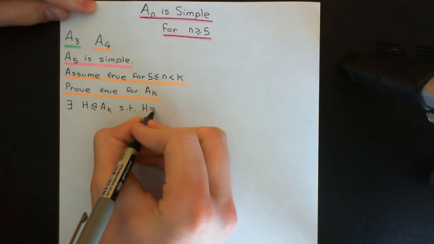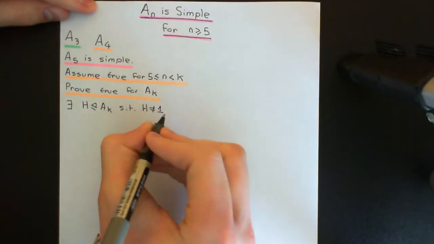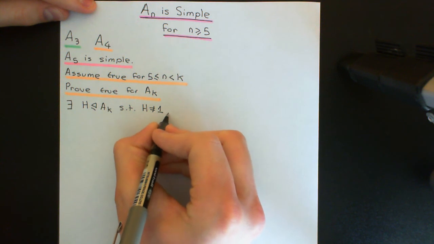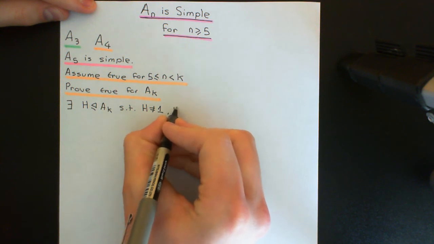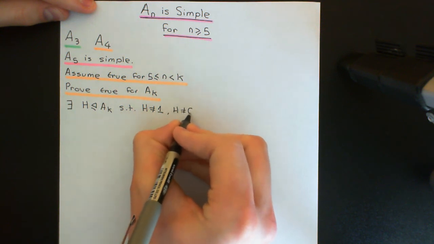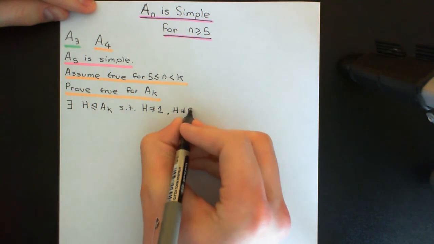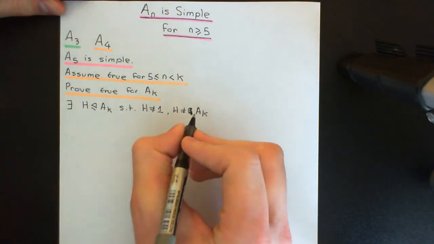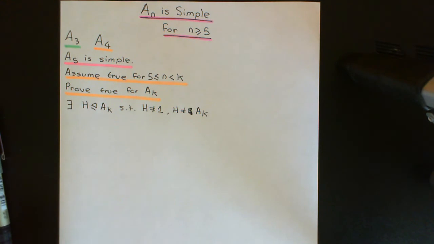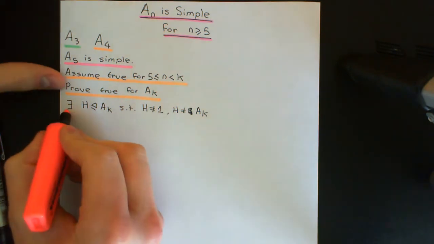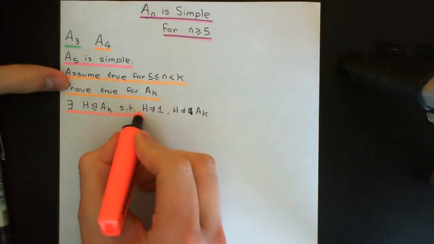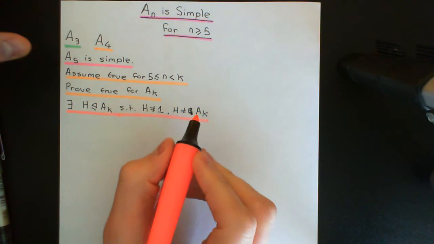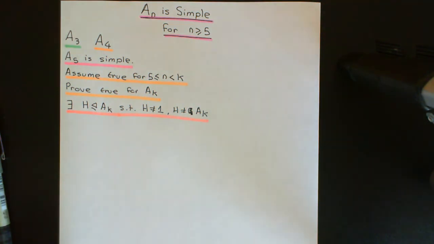So capital H is not equal to the trivial subgroup, which I'll refer to as 1 here, and capital H is not equal to the improper subgroup, which I'm not calling capital G, I'm calling the alternating group on the set of k elements. Okay, so we're going to assume that there is some non-trivial normal subgroup, and we're going to arrive at a contradiction. Okay, so there's the overview of the proof strategy then.